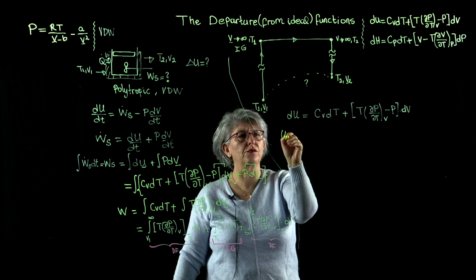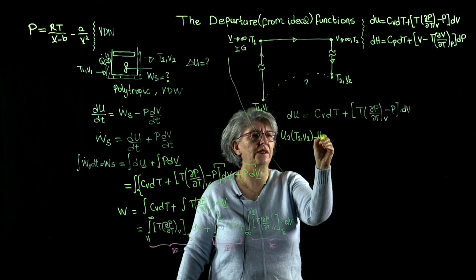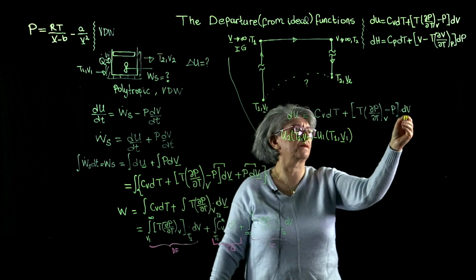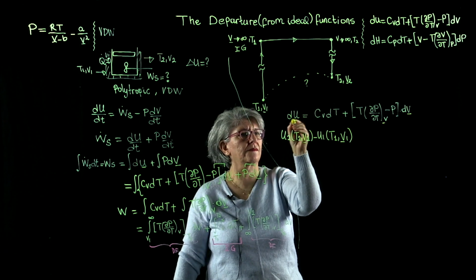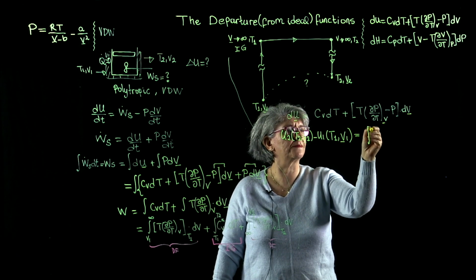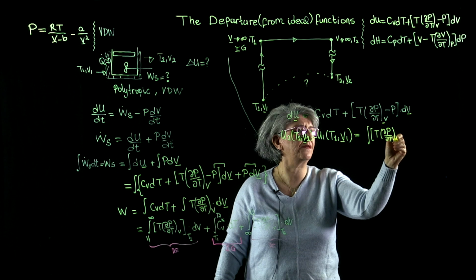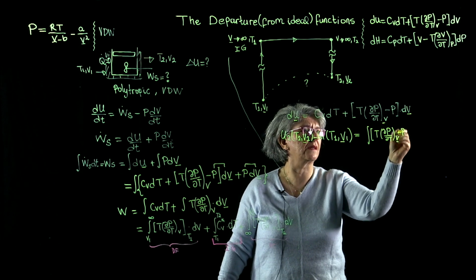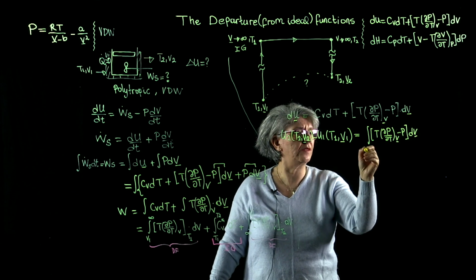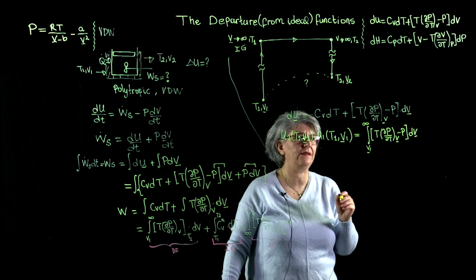So U2 at T2, V2 minus U1 at T1, V1 is equal to the integral of T del P over del T at constant V minus P, dV, integrated between V1 and infinity to bring the fluid to an ideal gas state.